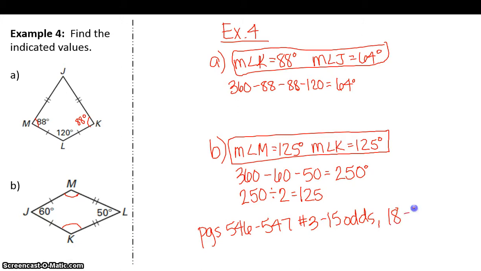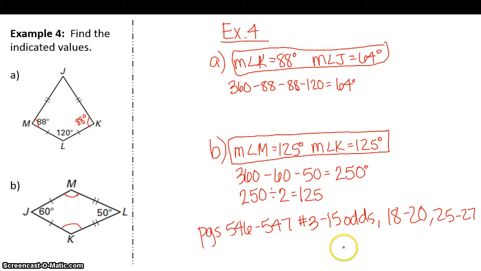All of 18 through 20. And then 25 through 27. Again, the worked out solutions are on Brightspace, and if you can do these problems with no issues and you understand how to find each of them, then your 8.5 quiz tomorrow should be easy.